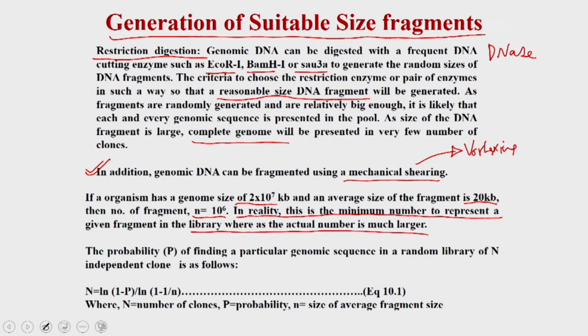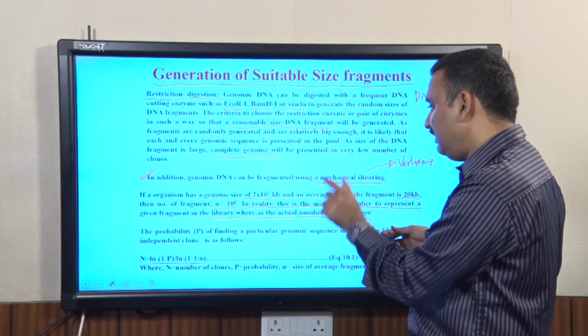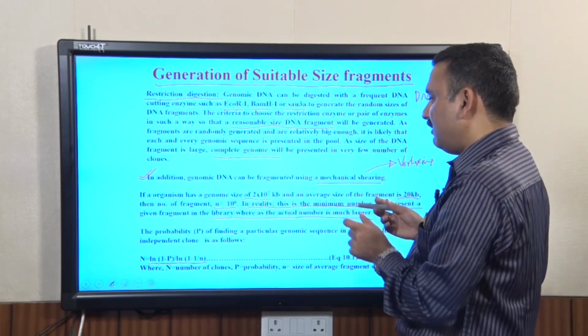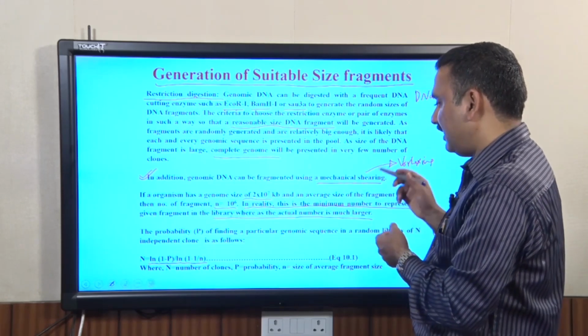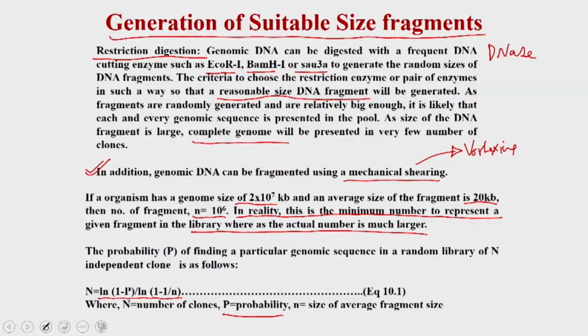Now, if you want to calculate the probability that you will find your gene or your fragment in an individual independent clone, you can use this particular formula, which says that the number of clones needed is N = ln(1 - P) / ln(1 - 1/n), where P is the probability, which means the probability by which you are going to have an independent clone containing your gene fragment, and n is the size of the average fragment which you are going to use to generate the genomic library.